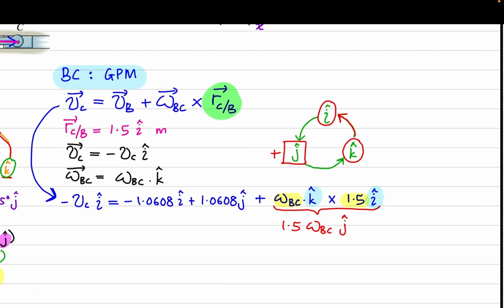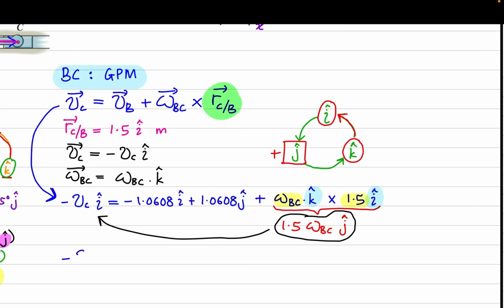Once we have all this, we identify the unknowns and put them together on one side. The unknowns here are obviously omega BC and also VC i. So we bring this to the left-hand side together with VC i.